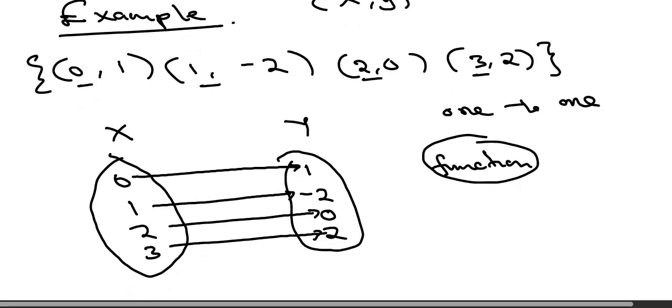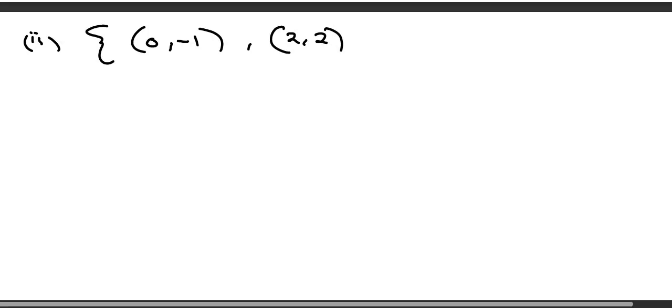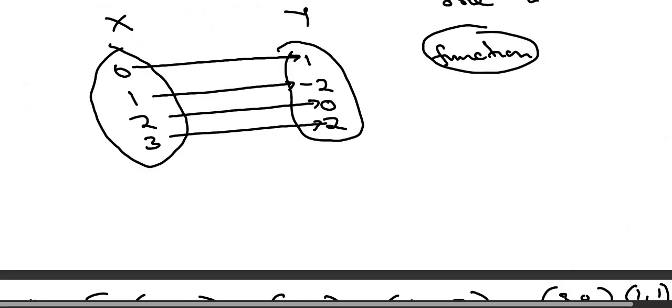If you come to question 1, number 2, Roman numeral 2, the set given is 0, negative 1, then there is a 2, 2, then there is 1, negative 2, then there is 3, 0, then there is 1, 1. So if I may, here on top, they said the domain.